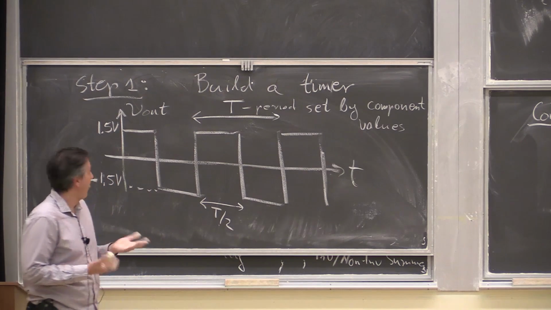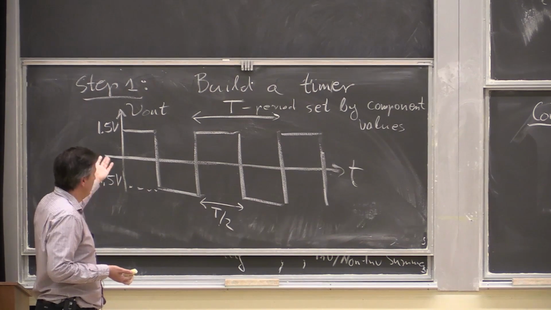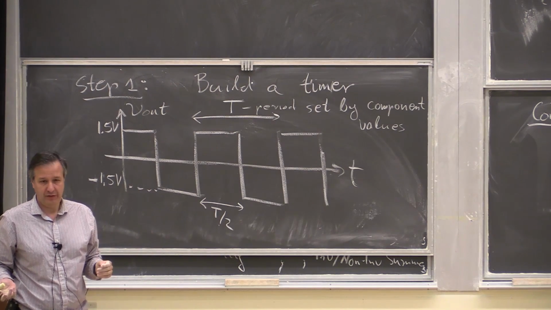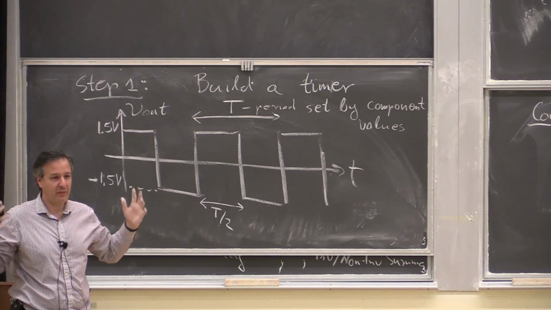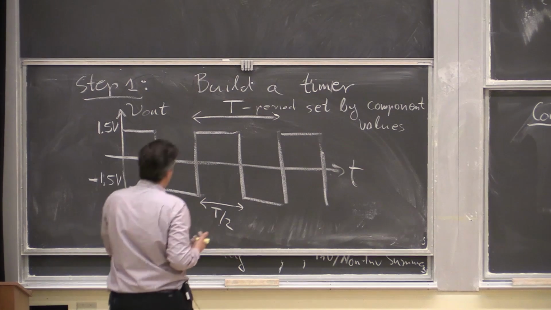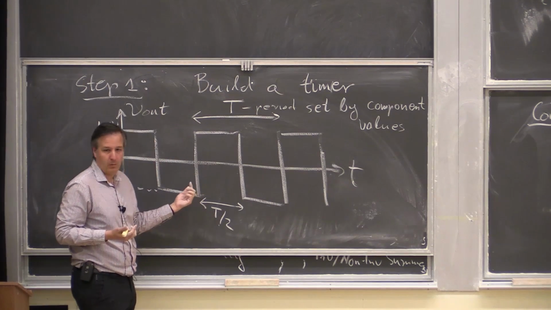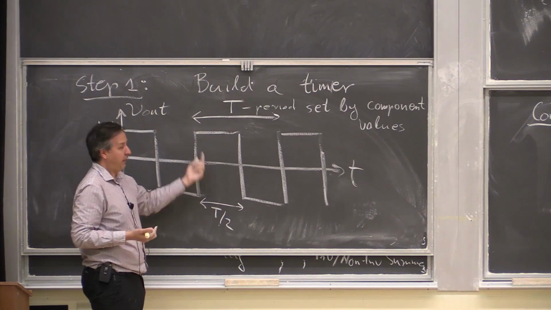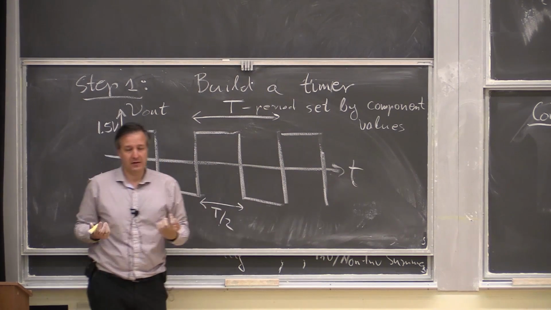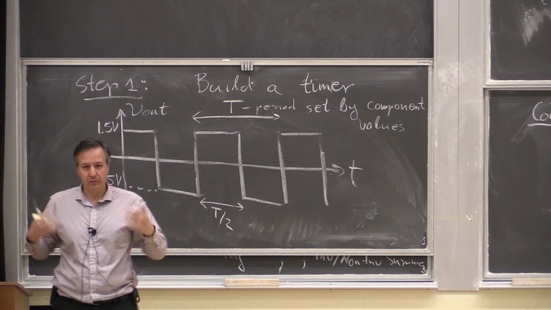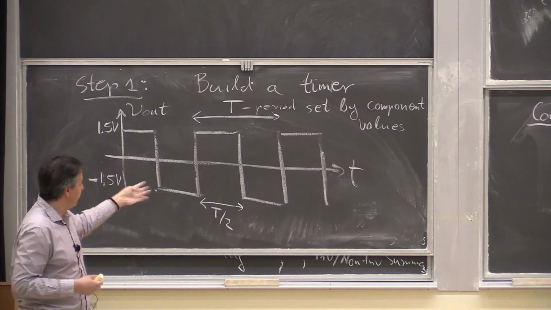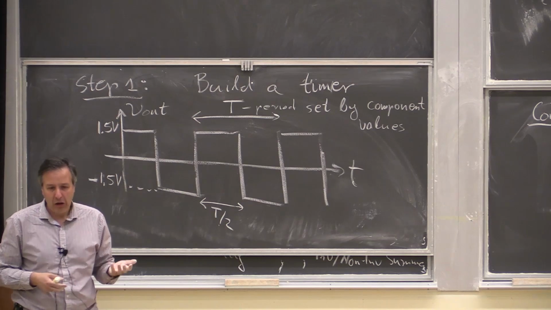And I want this V out to be able to drive just about any circuit. I want to use it for a lot of purposes. This is a timer because it gives me a sense of time. I will get this rising edge every T seconds, and based on that, I can do stuff. In digital systems, this is called a clock.